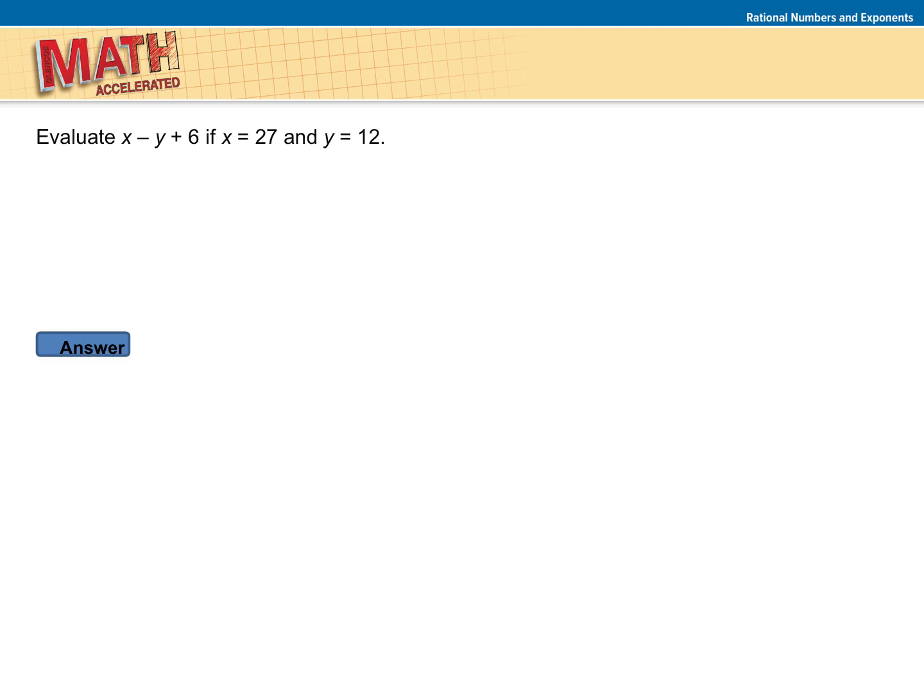So using substitution, we have x minus y plus 6 when x equals 27 and y equals 12. Tell me what my first step is. Porter: You put 27 minus 12 plus 6. So I am just substituting 27 for x, and I'm substituting 12 for y. Everything else stayed the same. What do I do first?